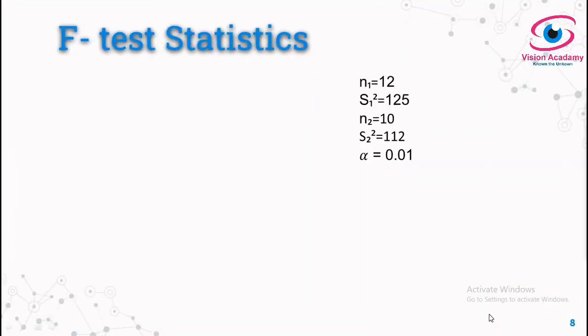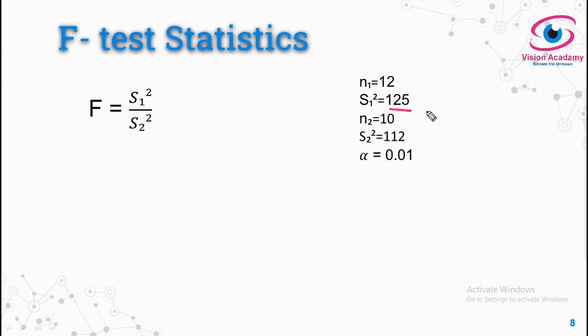Now let us go for applying our test statistic. These are the extracted information I have already taken from the problem. So this is our formula: F is equal to S1 squared divided by S2 squared, that is the sample variance of population 1 divided by the sample variance of population 2.